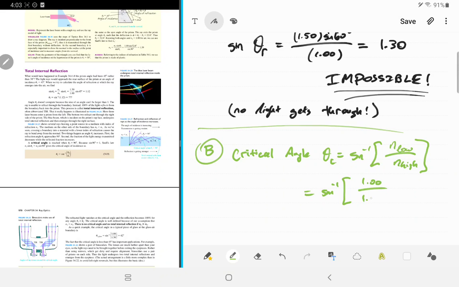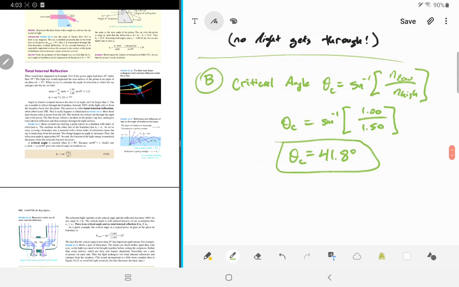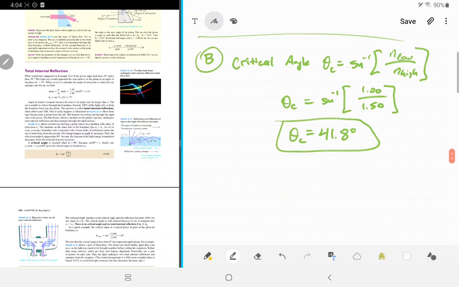So if we take arc sine of 2/3, we get an angle of 41.8 degrees. So then we infer that we will have total internal reflection for this setup.